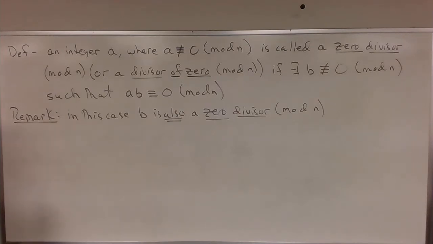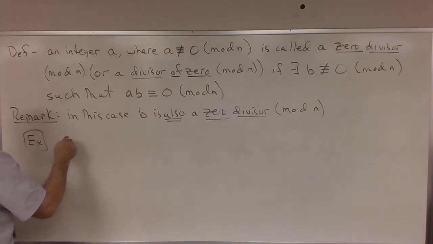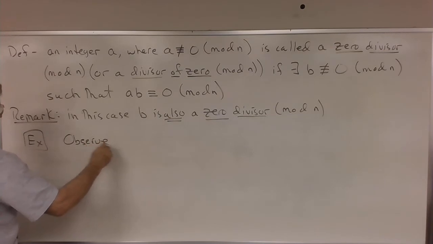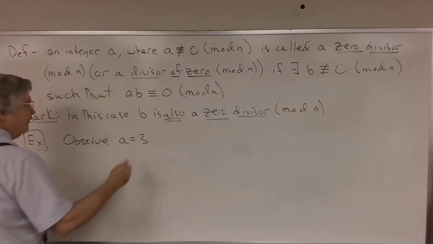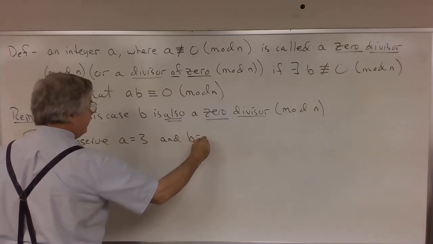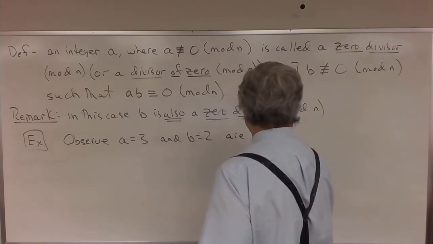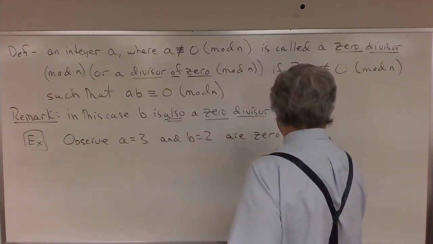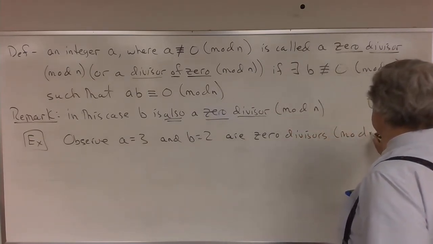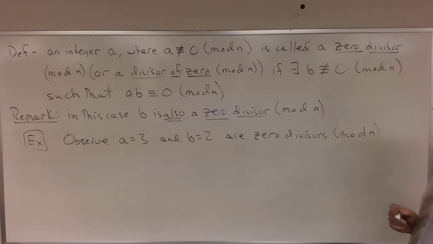So let's look at an example. a equals 3 and b equals 2 are zero divisors mod 6.